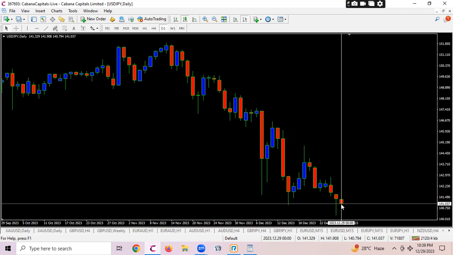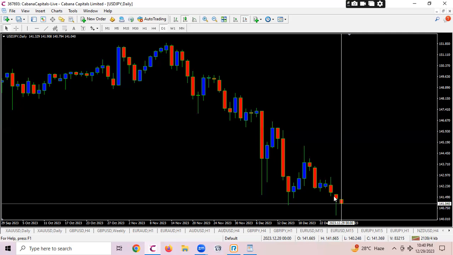We could also say that the formation of a hammer in a downward trend indicates that the supply for that pair is dropping and its demand is beginning to increase. When supply is decreasing and demand is increasing, there's a high probability for price to go up. So when you see a hammer in a downward trend, you should only look out for opportunities to buy.